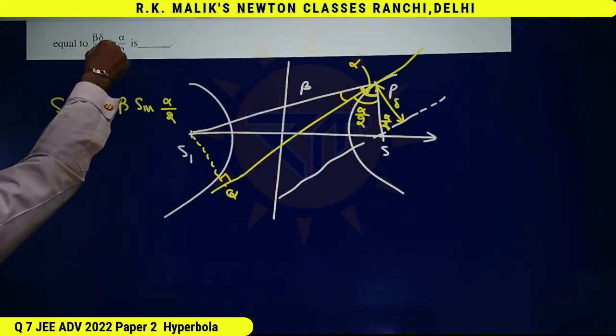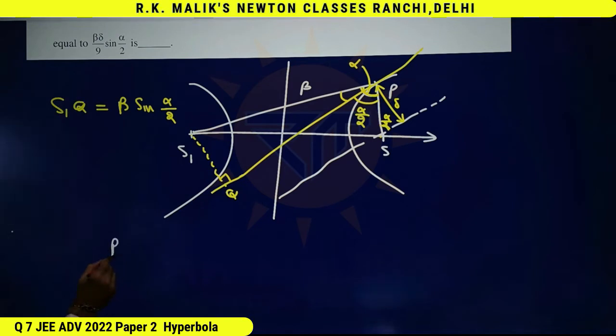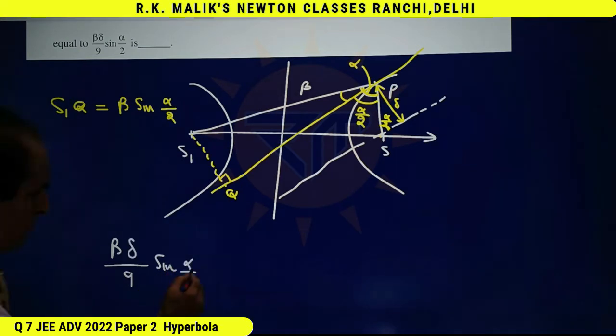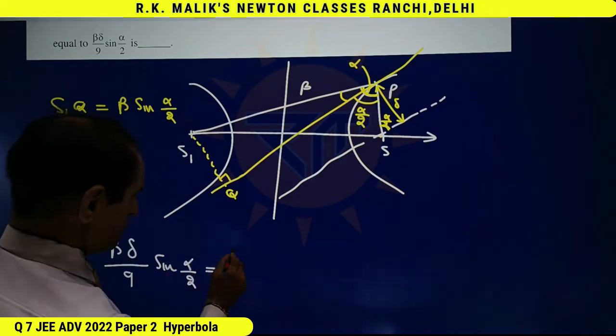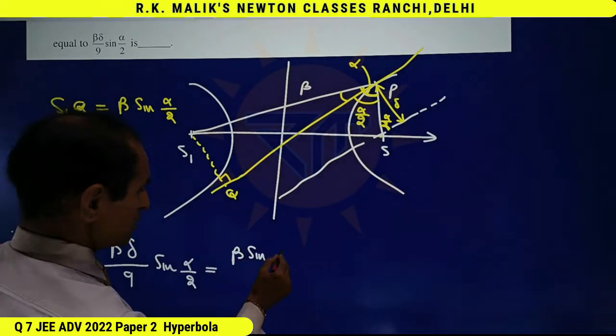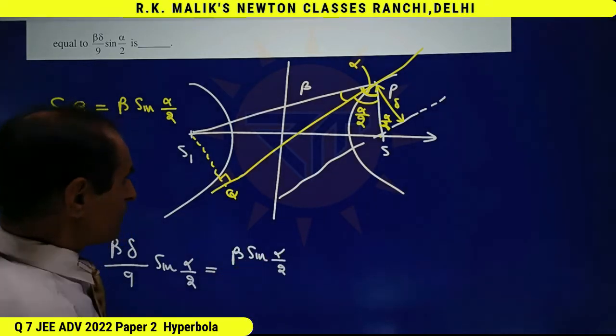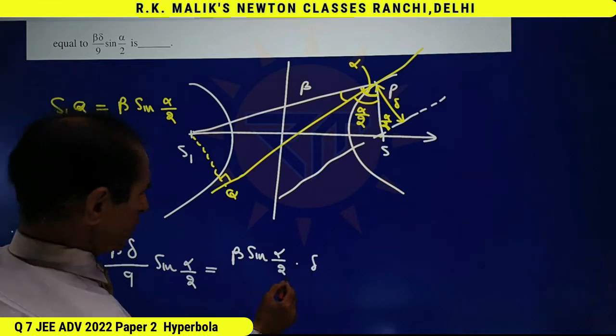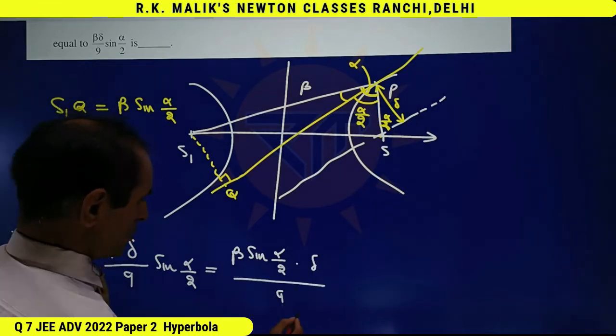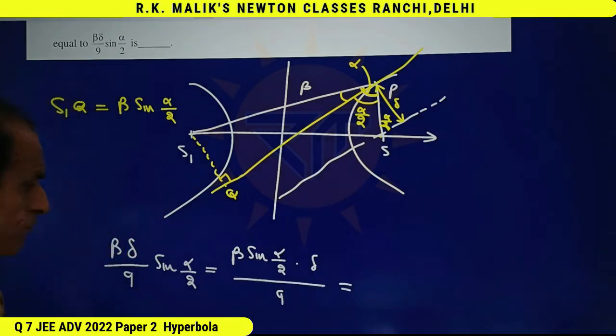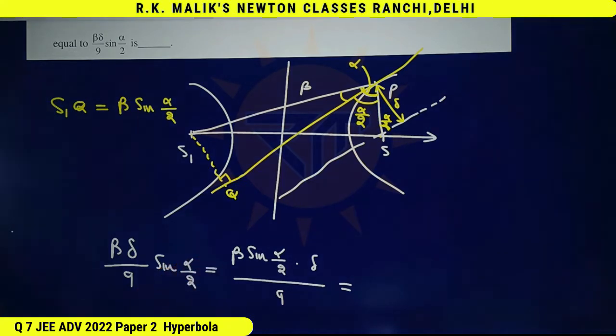Hence the given expression, beta delta by 9 sine alpha by 2, becomes beta sine alpha by 2 into delta by 9, and now beta sine alpha by 2.